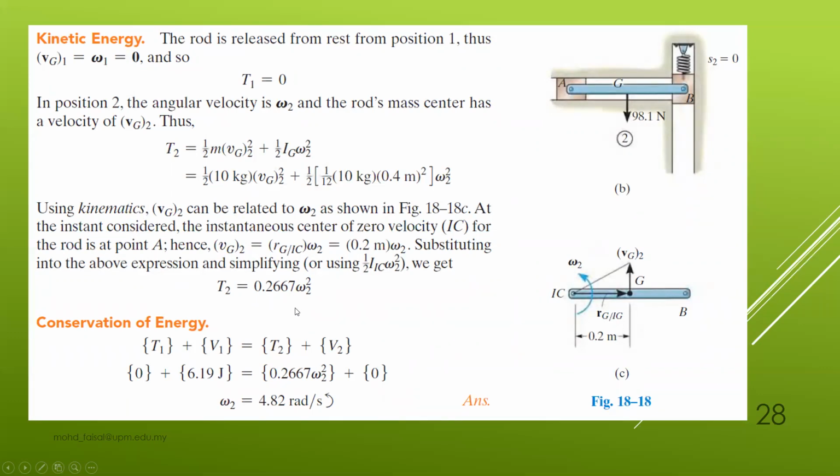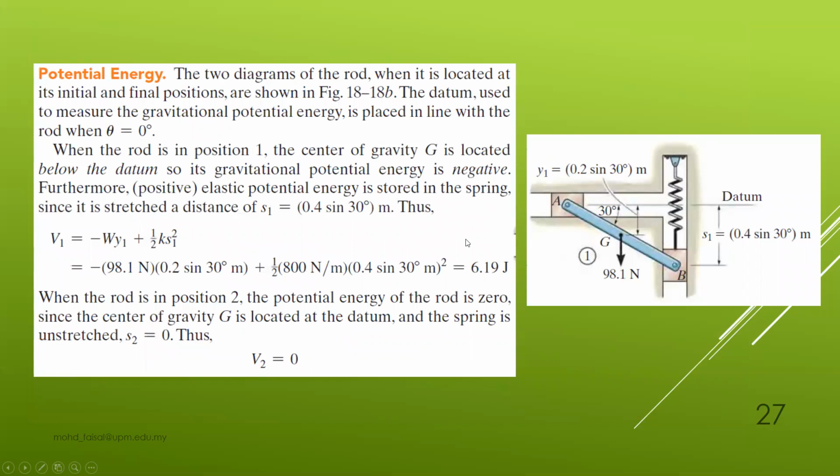T2, and from the conservation of energy, you look into what you have before and what you have after. Before, the kinetic energy is zero because no motion is involved initially. You only deal with the spring, so the potential energy is there as we have calculated here.